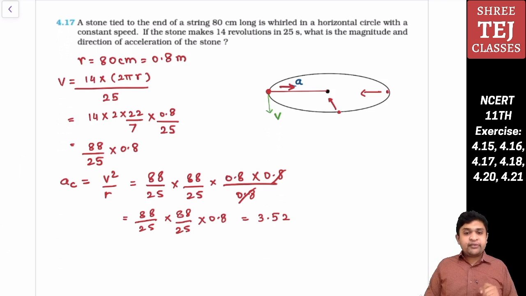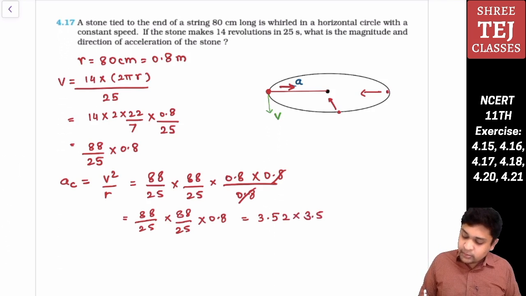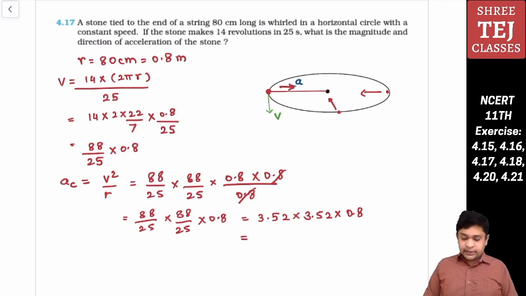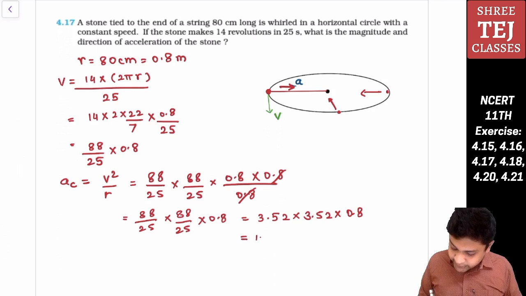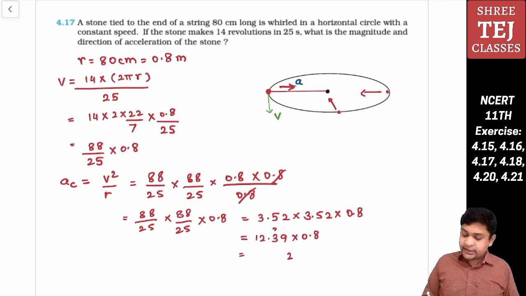So 88 by 25 is 3.52, multiplied by 3.52, multiplied by 0.8. So this would become 12.39 multiplied by 0.8.